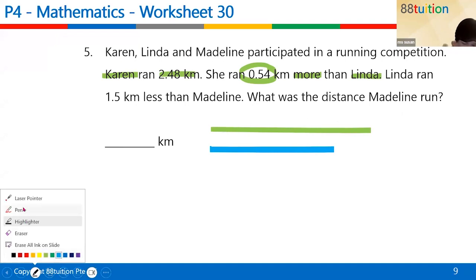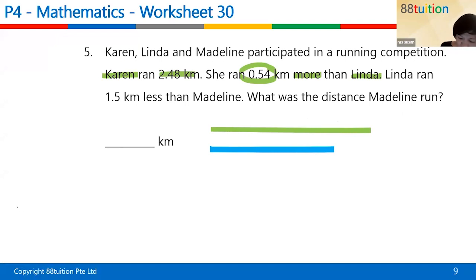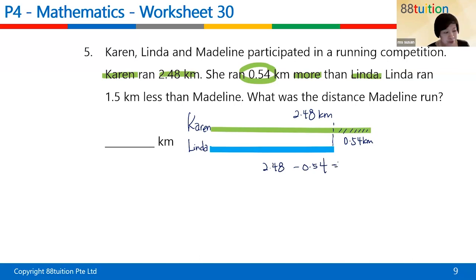0.54. Okay, let me settle this first. This is Karen. This is 2.48 kilometers. And this one itself is 0.54 kilometers for here. Okay. Are you able to find Linda? Yes. So how to find Linda? 2.48 minus 0.54.